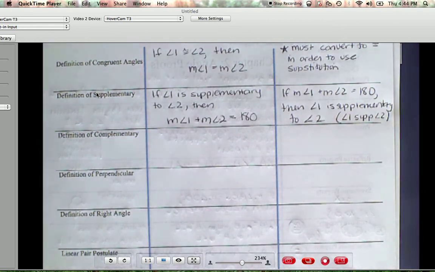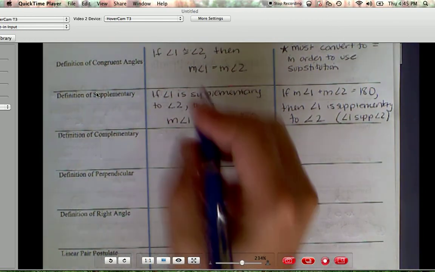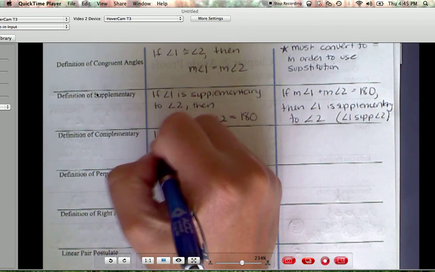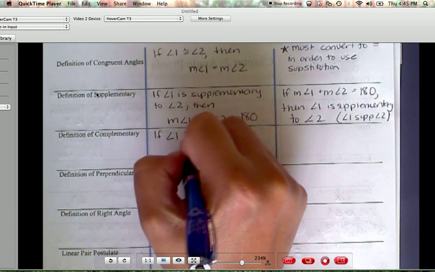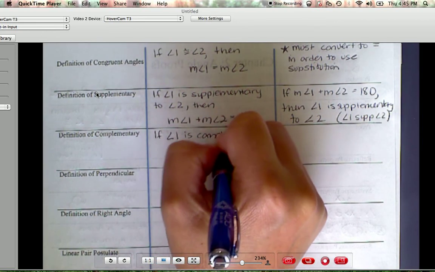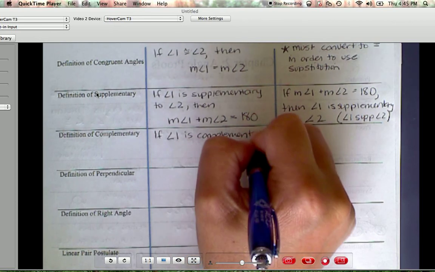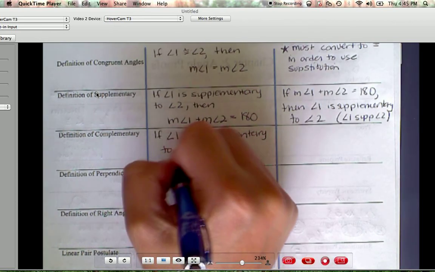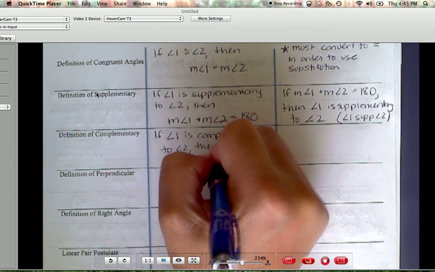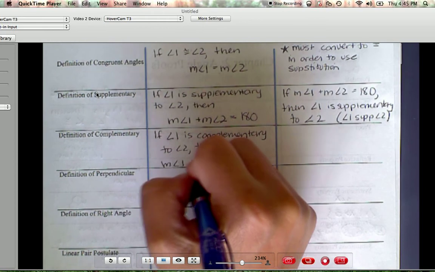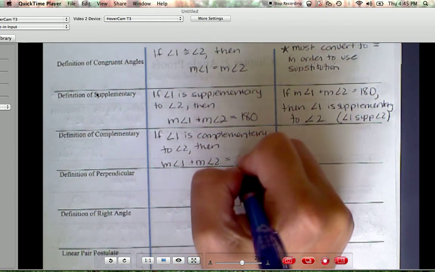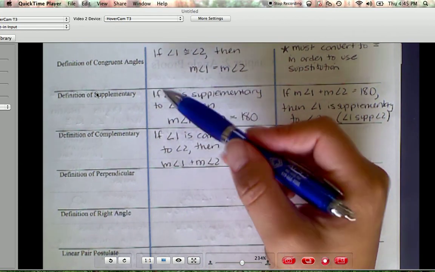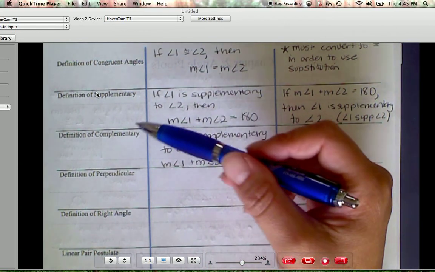Okay? Definition of complementary, exactly the same, except one small difference, of course. If angle 1 is complementary to angle 2, then the measure of angle 1 plus the measure of angle 2 equals 90. Now, if you have trouble remembering these, they go in alphabetical order, smallest to largest.